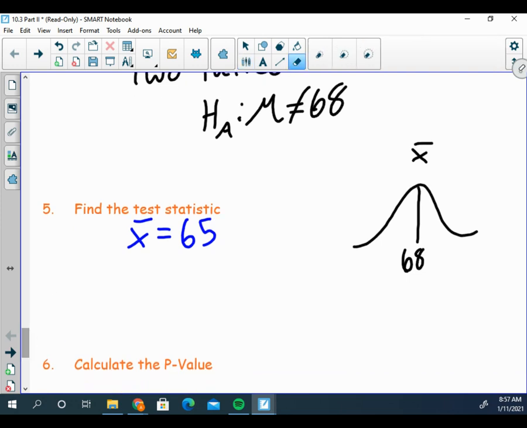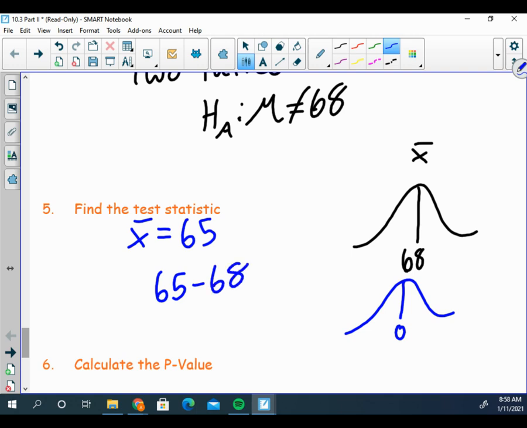Because in order to find that, I have to know how many standard deviations away from the mean I need to go. To find how many standard deviations away, you look at the standard normal curve. Where does my data value fall on the standard normal curve? We use this formula.